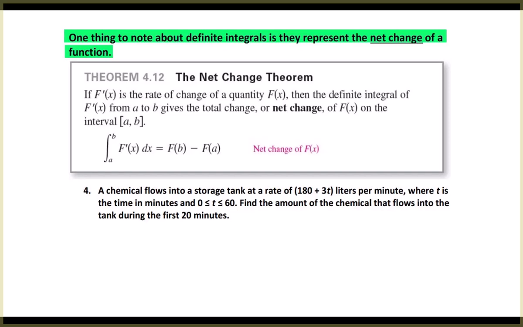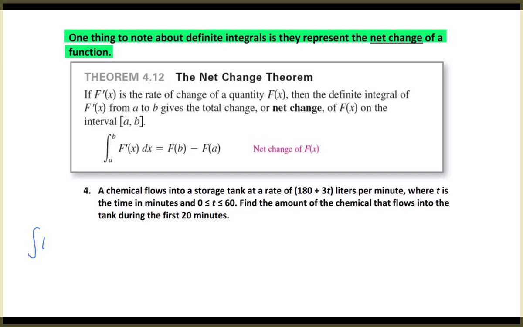So let's look at number 4. F prime is the rate of change, so capital F without the prime would be the antiderivative. That's what we're doing here. That's what the fundamental theorem of calculus told us we could do.